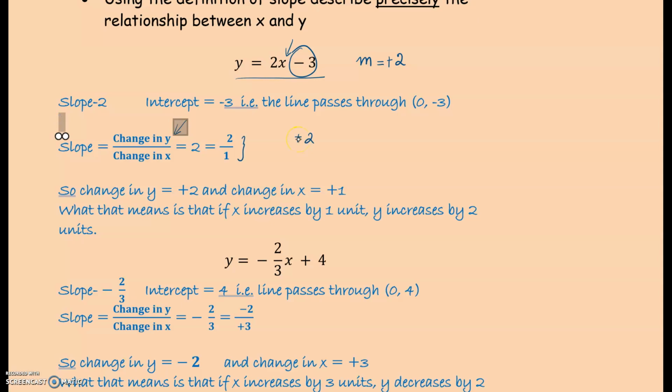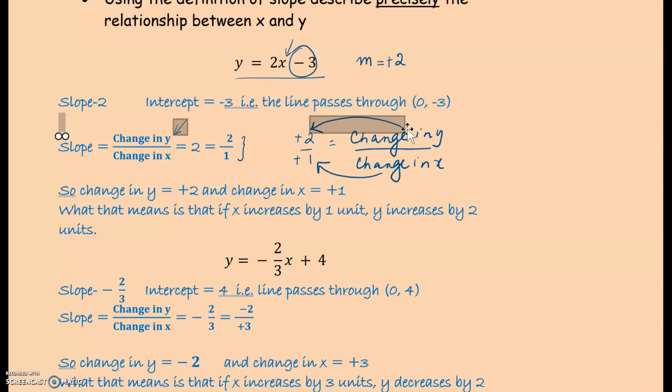So that's plus 2 over plus 1. So this is equal to the slope, which is the change in y over the change in x. So the change in y is a positive 2, the change in x is a positive 1.